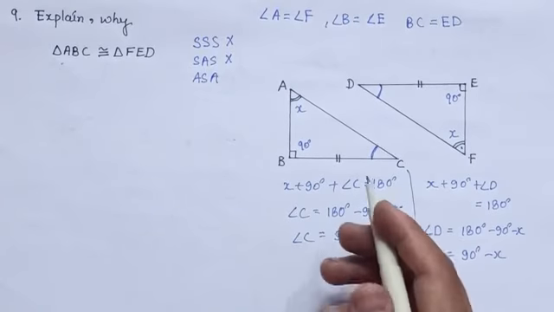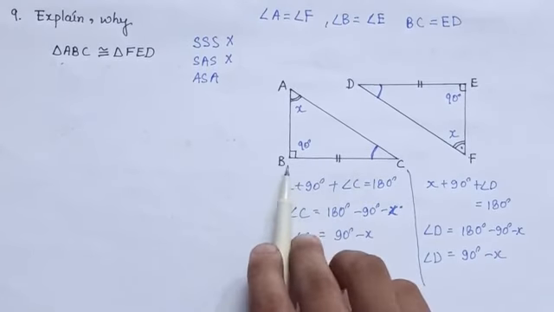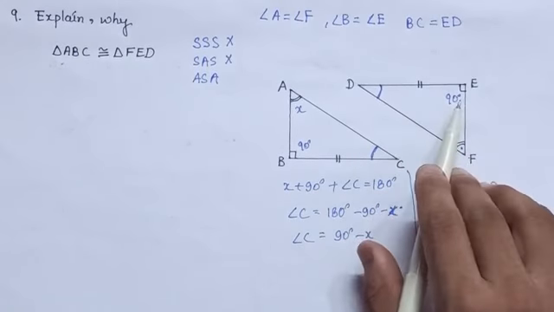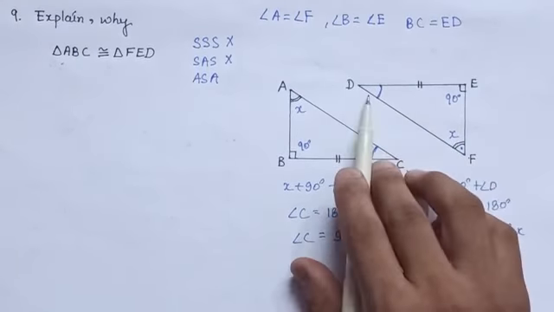And also the side included between B and C, that is BC, is equal to the side included between E and D, that is ED.